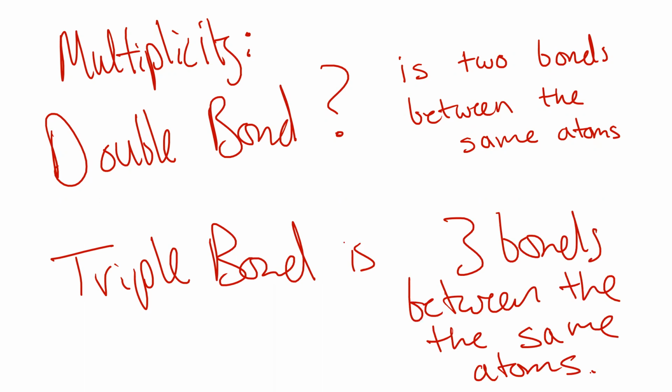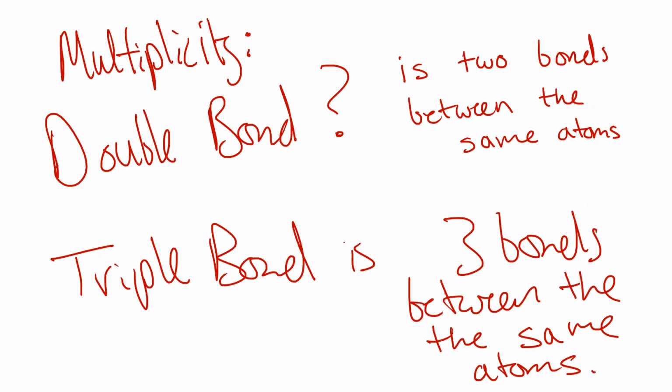A triple bond is three bonds, three lanes on a single road. Three bonds between the same two atoms. Okay. Does that make sense, guys?